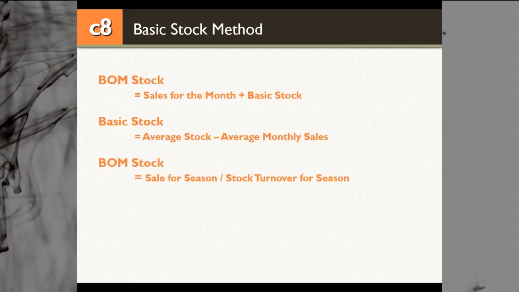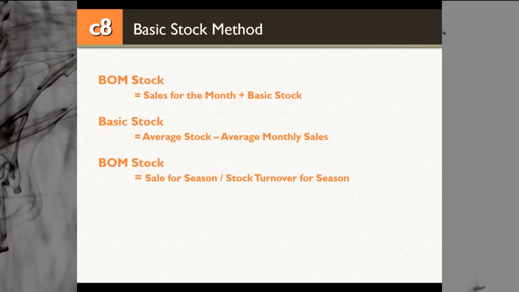And here is the method to calculate your basic stock. Basic stock can be calculated as sales for the month plus basic stock. Your basic stock is average stock minus average monthly sales. It can also be calculated as the sales for the season divided by the stock turnover for the season.